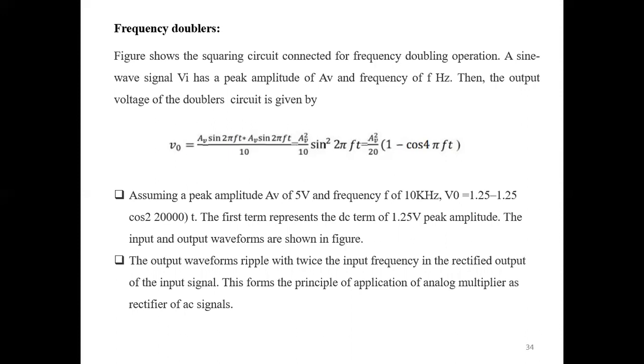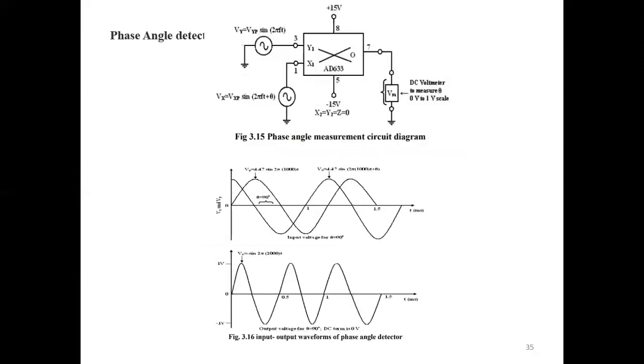The first term represents the DC term of 1.25 volts. The input and output waveforms are shown in the figure. The output waveform ripples at twice the input frequency, as in a rectified output of the input signal. This forms the principle of application of an analog multiplier as a rectifier of an AC signal.